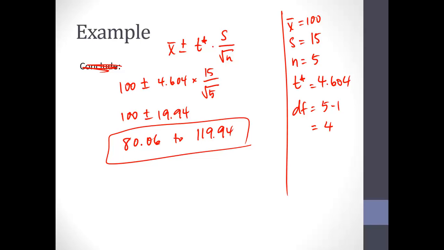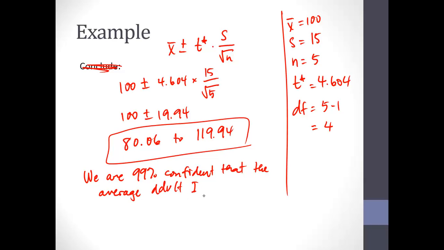What's the last thing that I need to do? Again, I've done my calculation. Am I done? I'm not done. What else do I need to do? Conclude, right. I need to give an interpretation here. The same interpretation is going to hold. What we'll say is that we are 99% confident that the average adult IQ score is in that interval.